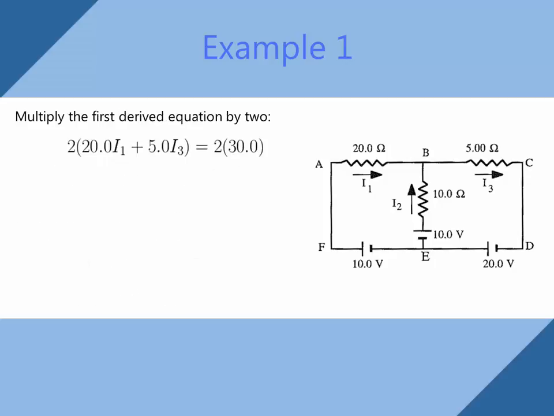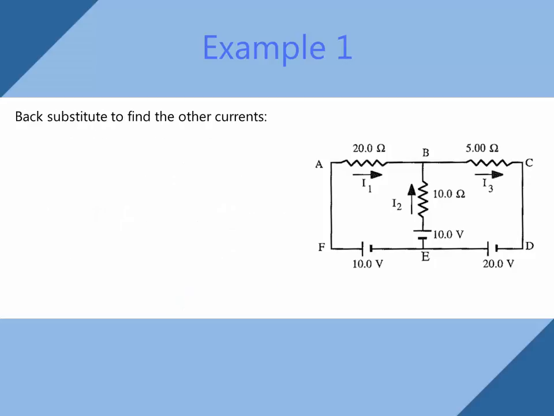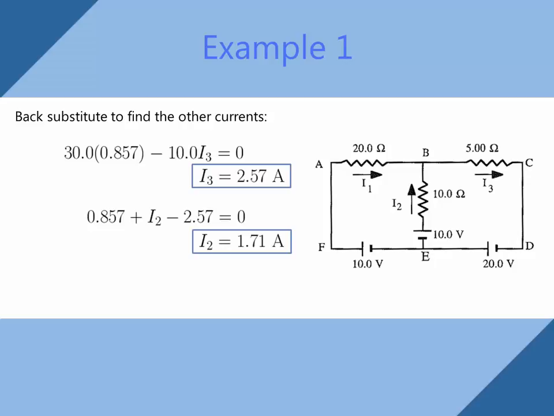We multiply the first derived equation by 2, and then we can add that to the second derived equation to cancel out the I3 term and end up with a value for I1 being 0.857 amps. At this point, it's simply a matter of plugging I1 back into other equations to find I2 and I3. So, we can find I3 being 2.57 amps and I2 being 1.71 amps.